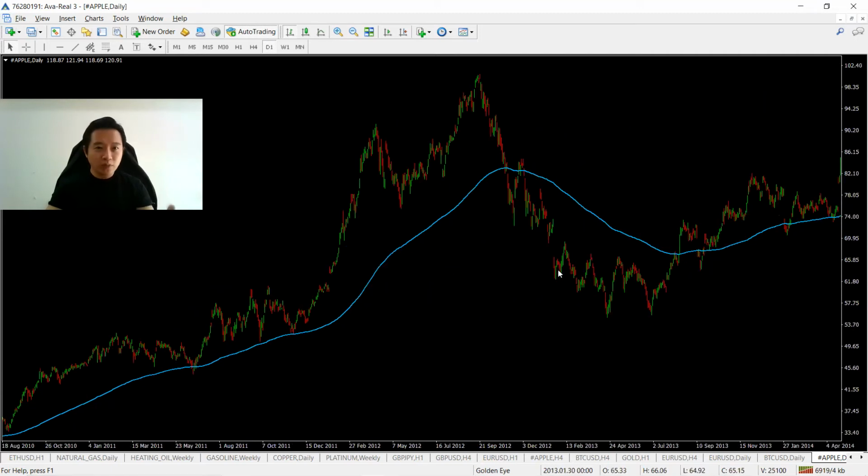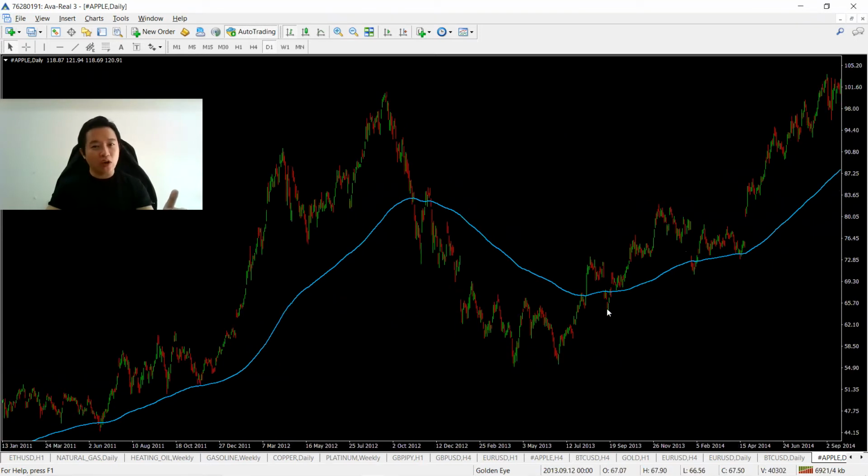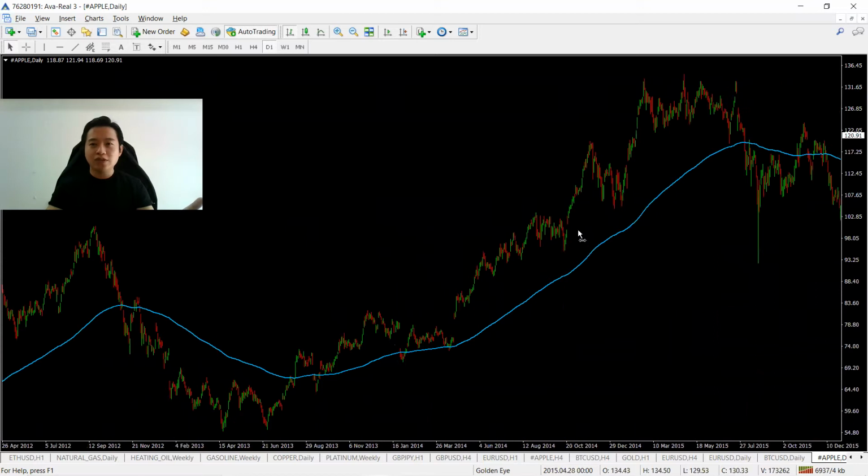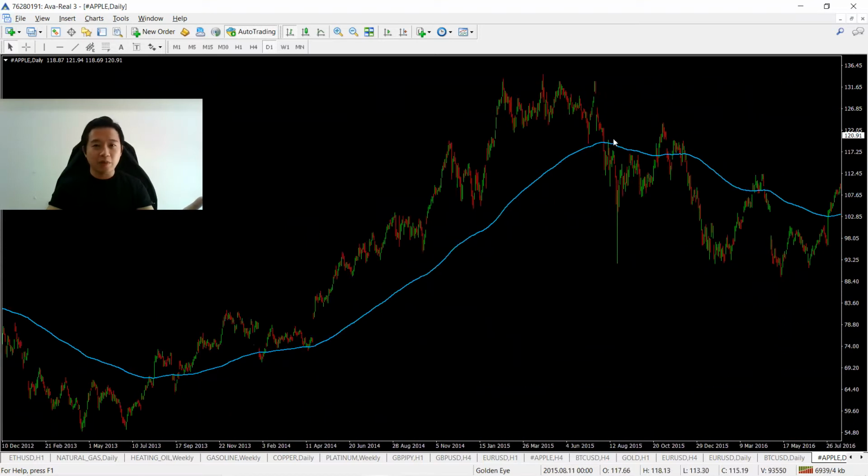And then what we do note is that as it goes along, there may be false breakouts. For example, if you want to go for a buy over here, because the moment price crosses above, you think there is an uptrend. If you want to play the rejection trade, you go for a buy over here. Price did a false breakout. You go for a buy over here. Price did a false breakout. And then here probably did work a little bit, right? And then when the market goes up, the moment it crosses below, you want to go for sell.